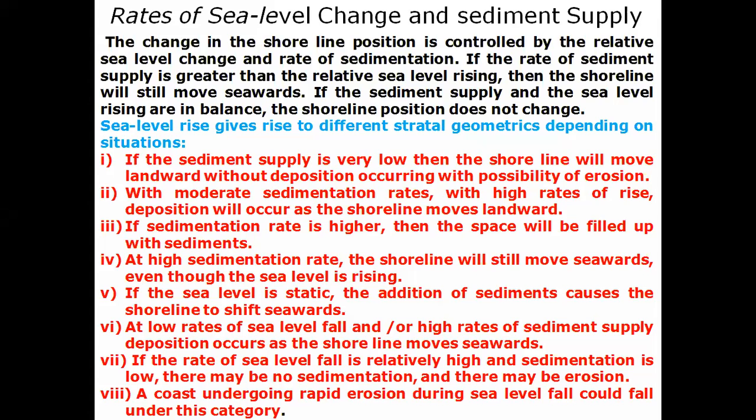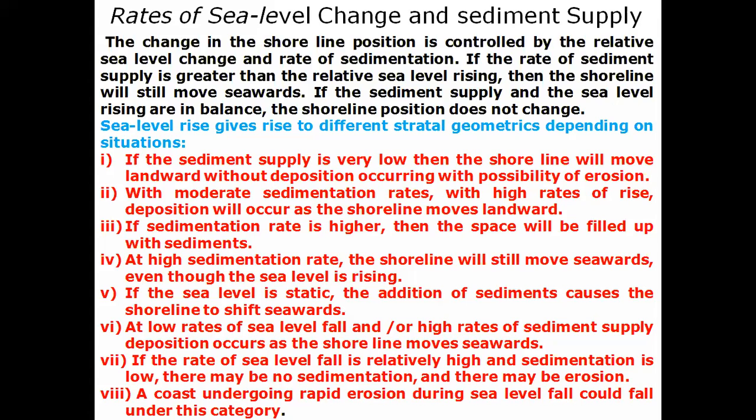So in that case, though the sea level is rising and the sediment supply is very low, in the nearshore area there might be some erosion because sediment is very low, and the materials will be cut from those areas.